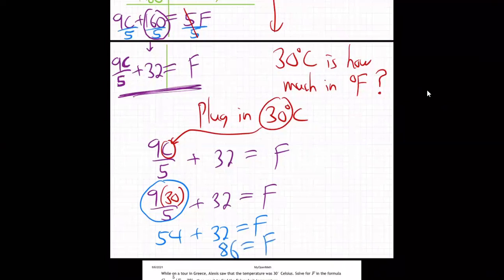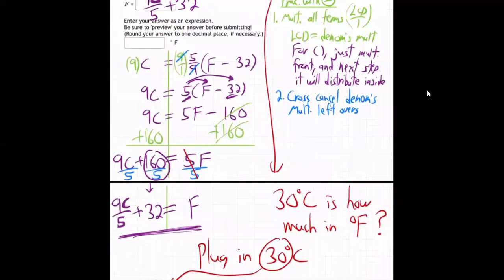See how that formula just worked? So we took the degrees Celsius, plugged that in for C to the formula, hit the buttons on our calculator, added them up. Fahrenheit is 86. So in other words, 30 degrees Celsius is the same as 86 degrees Fahrenheit. So that's the conversion.